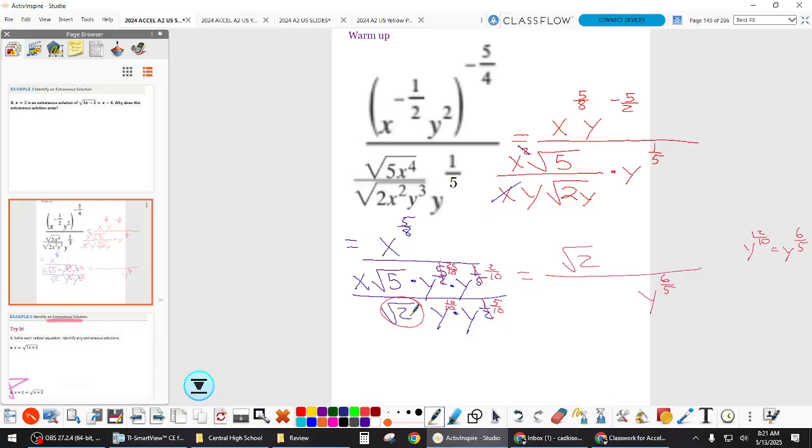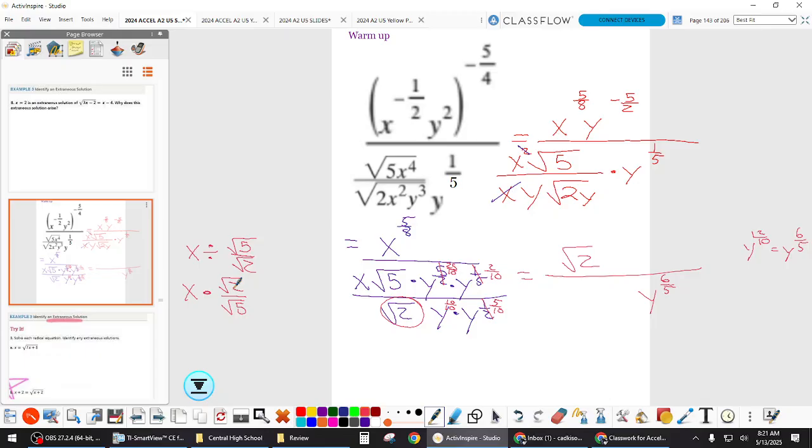Let's ignore all the y's maybe and just do x divided by root 5 over root 2. What's the rule for that? Yeah, keep, change, and then flip over. So the root 5 kind of stays where it is, but the root 2 came up. If that makes sense.